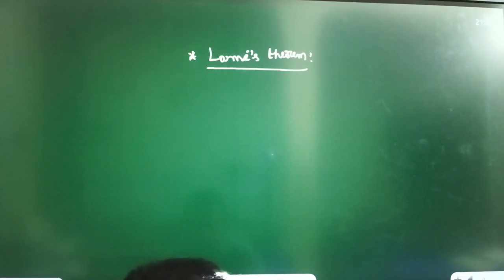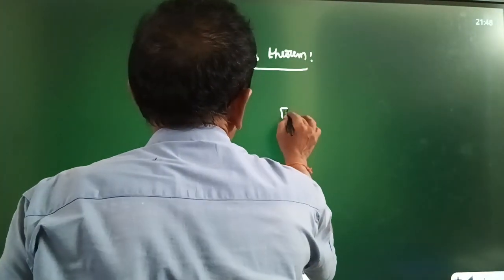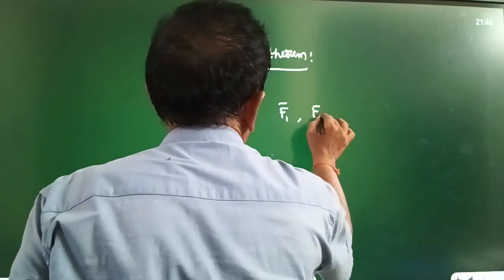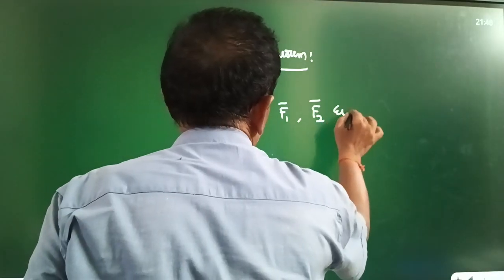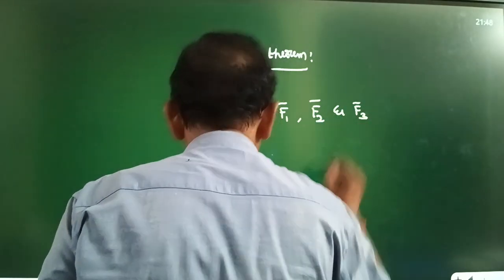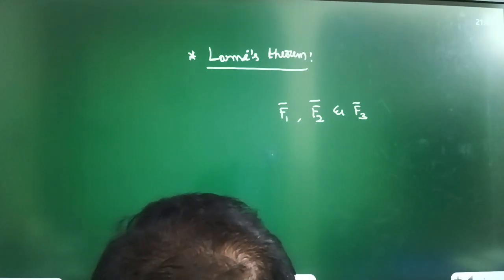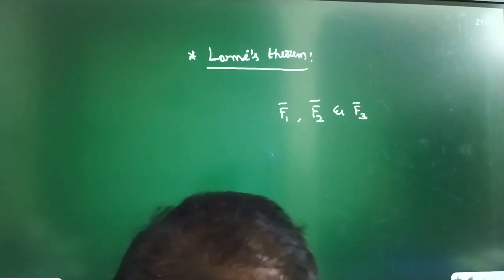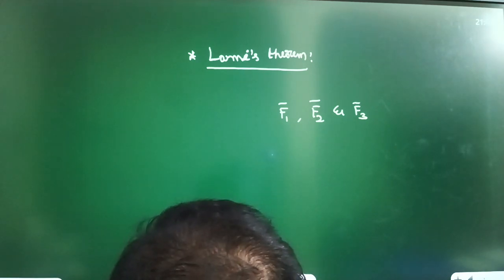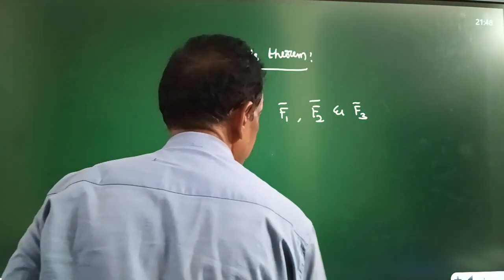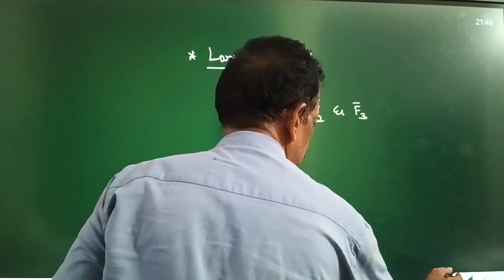F1, F2 and F3 vectors, at angles of alpha, beta and gamma. Full stop.